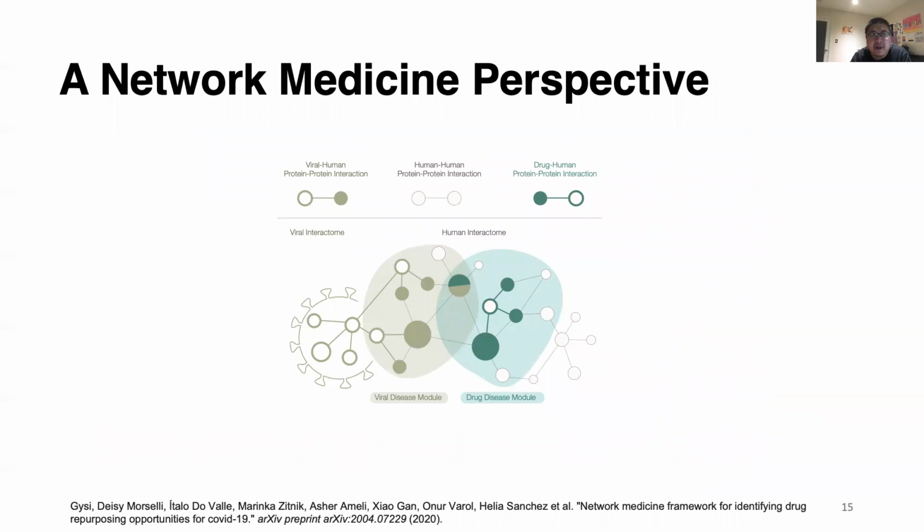looking for candidates that can potentially be repurposed to treat COVID-19 disease.